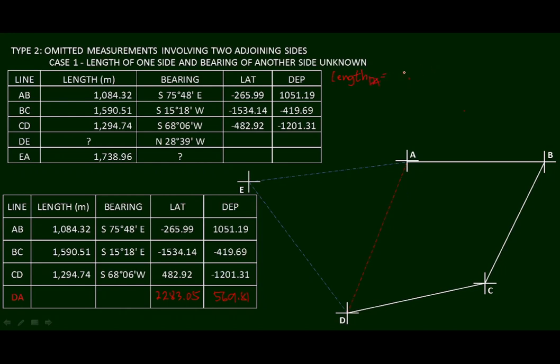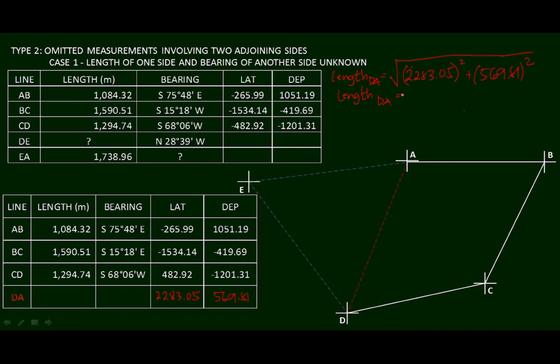That is simply equal to the square root of your latitude, that is 2,283.05 squared plus your departure, 569.81 squared.